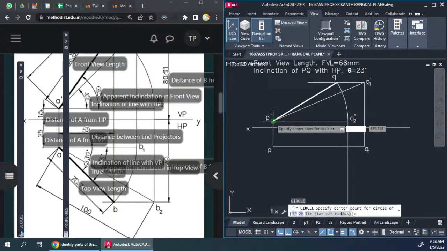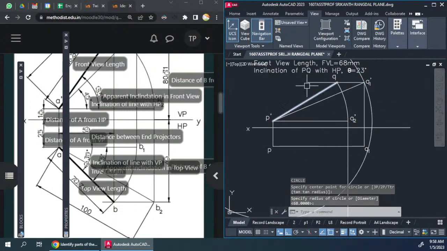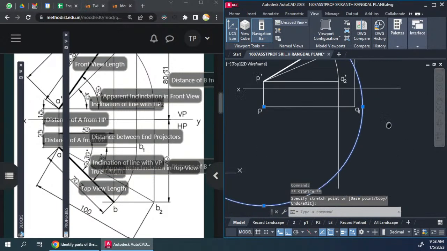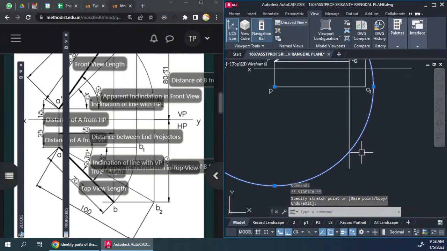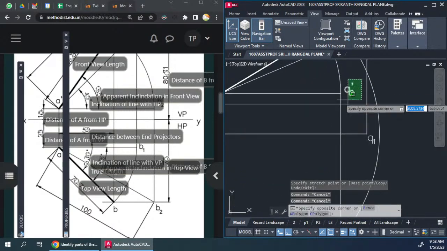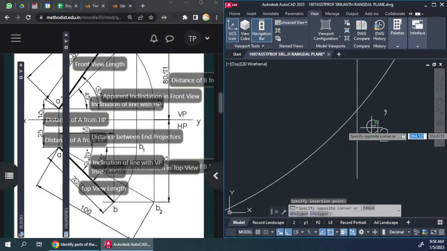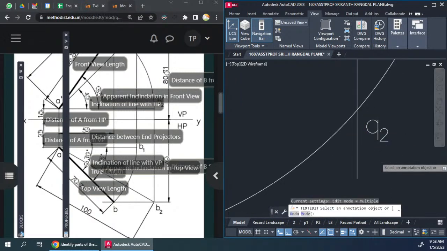Whatever the true length is, this here is the true length. The same true length we have to take over here. We need the intersection of that, and that intersection point gives us the point Q2.